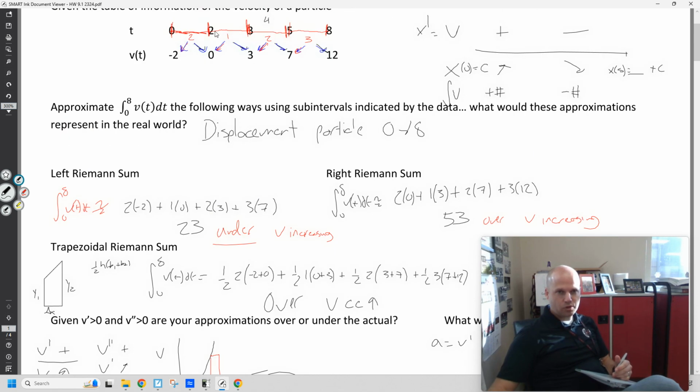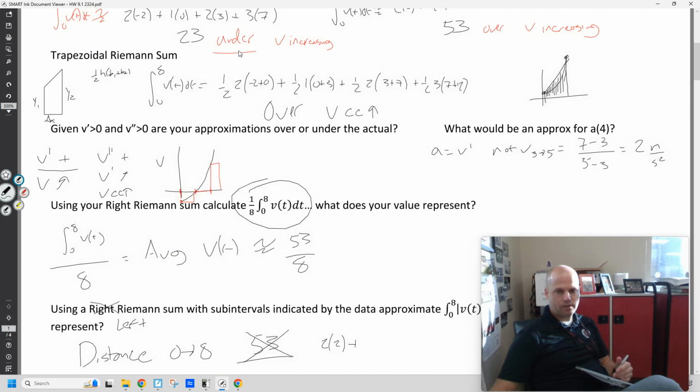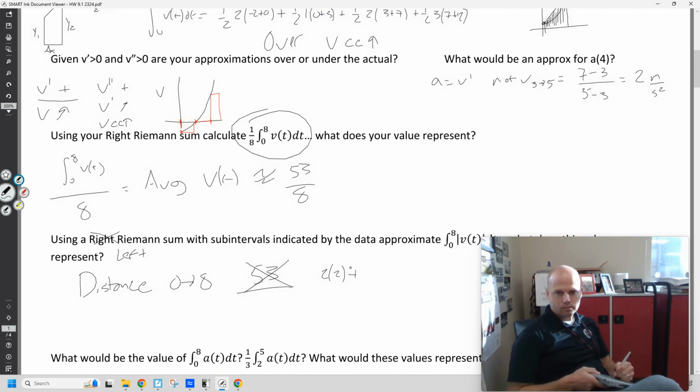So we're going to use the positive velocities: 1 times 0, 2 times 3, 3 times 7. Okay, and that's if you use a left Riemann sum.